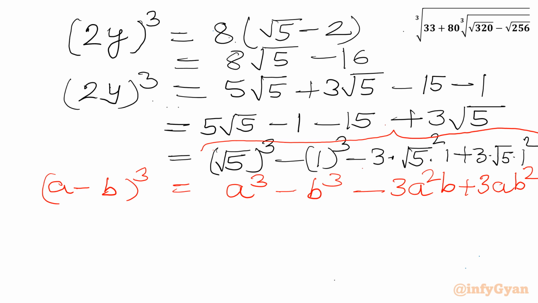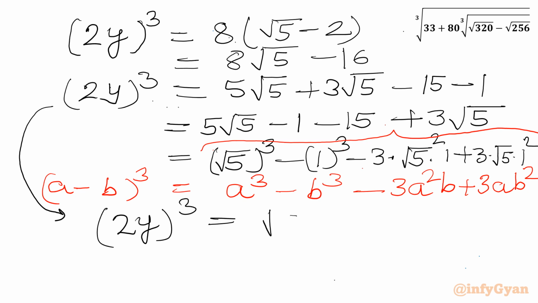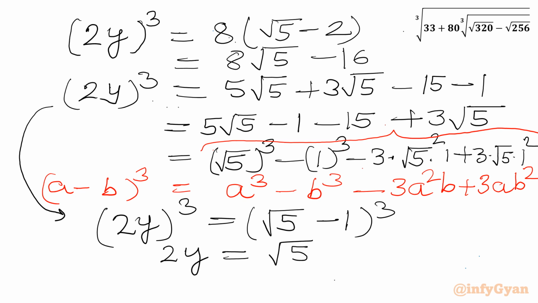So I can write 2y whole cube equal to root 5 minus 1 whole cube. Let us take cube root both sides. For the real value of y, we'll be getting root 5 minus 1.